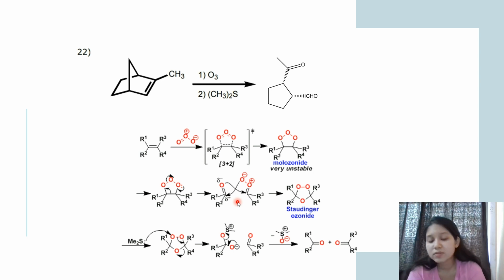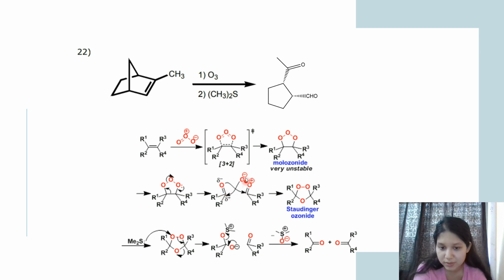Rather, it will rearrange into a slightly more stable Staudinger ozonide. You can imagine the attack of this oxide anion on this electrophilic center, because the carbon of this keto group is electron deficient.